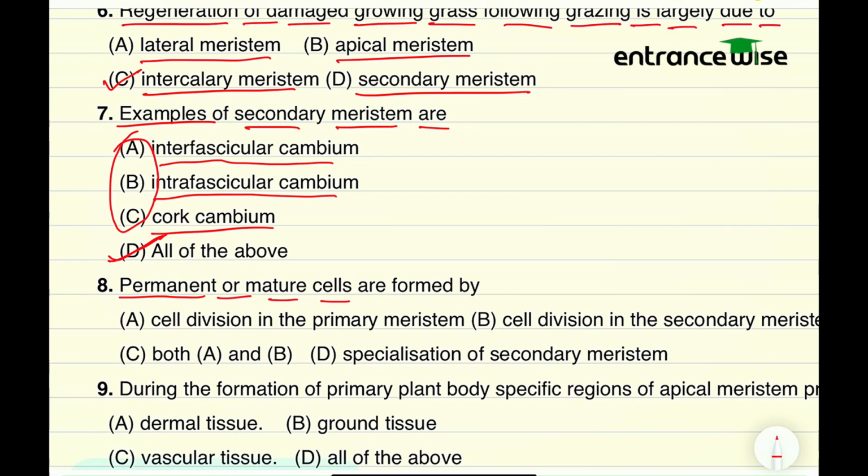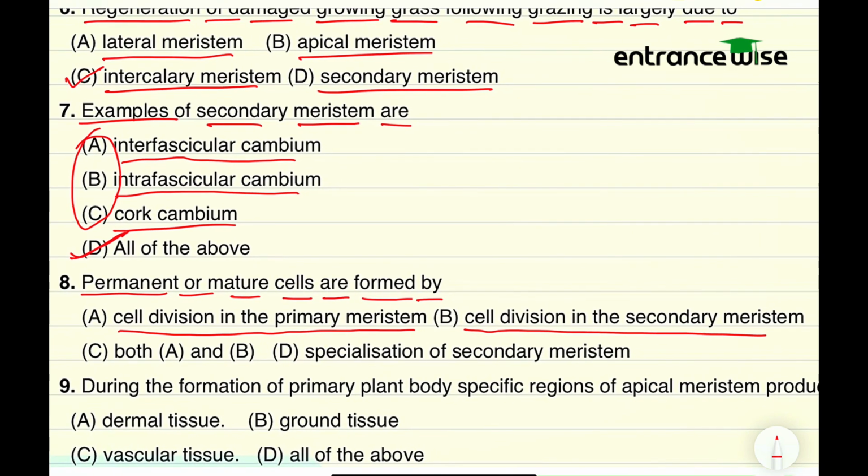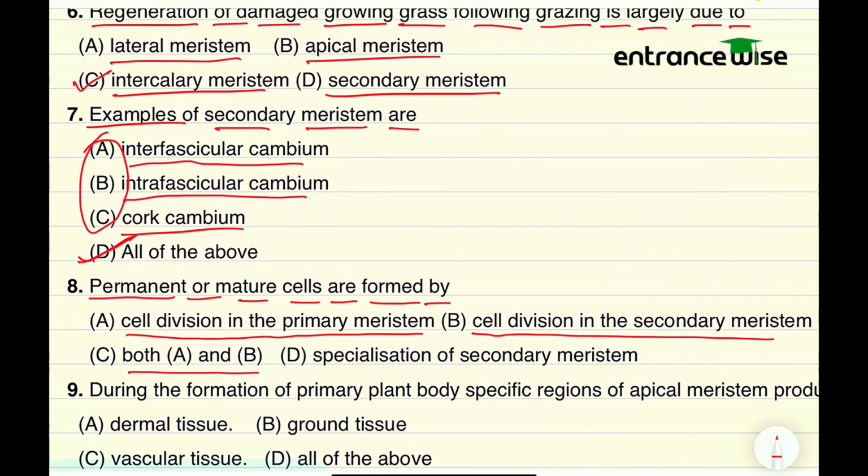Now question number 8. Permanent or mature cells are formed by cell division in the primary meristem, cell division in the secondary meristem, both A and B, and specialization of secondary meristem.